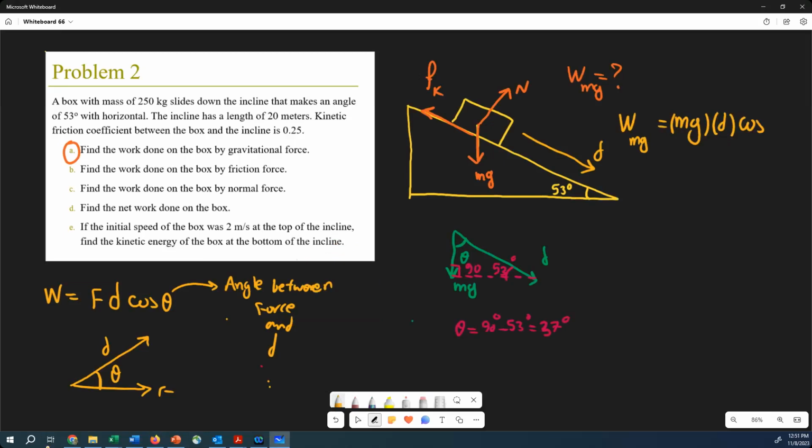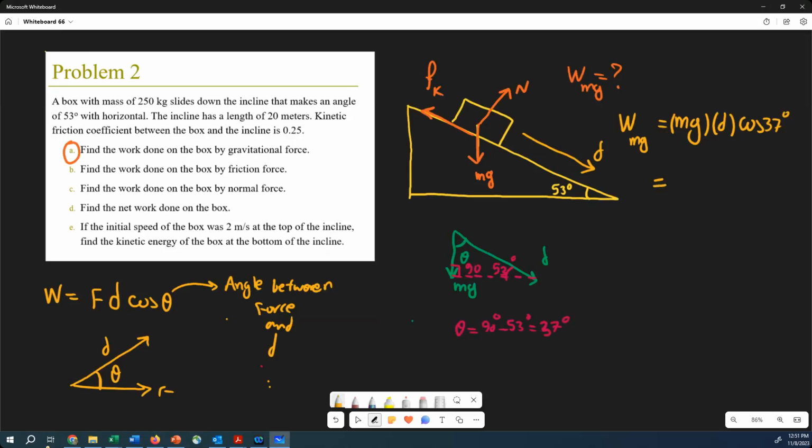The angle is going to be 37. We don't need to find the component of the force of gravity, so we would be able to solve this in a different way. But in this one, you have force, you have displacement, find the angle between. I will show you how to find this work another way. Go ahead and calculate this.